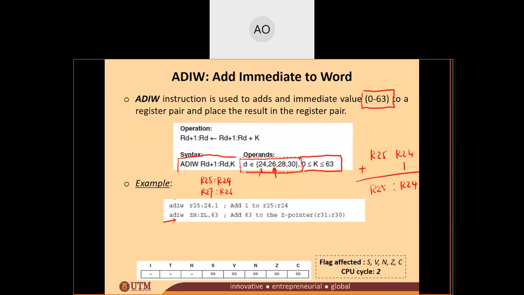What happened here? You want to add the register pair ZH and ZL, which is R31 and R30, plus dengan 63. This 63 you convert to hexa lah nanti ya, and then put the result to R30 and R31. So this is the flag affected. Only 5 flags are affected.